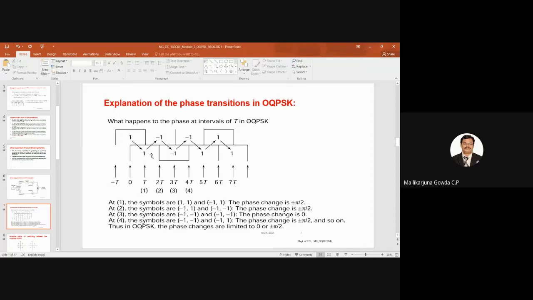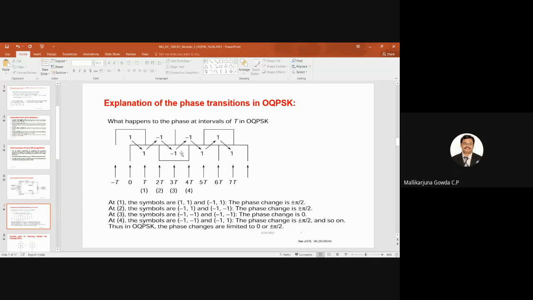So from 1, 1 to 1, 0, here it undergoes a phase reversal of 90 degrees, right? At 2, here it is 1, 0. Next is 0, 0. So 1, 0 to 0, 0. Again there is a phase change of 90 degrees. Then at point 3, it is 0, 0, and next is also 0, 0, right? So 0, 0 to 0, 0.